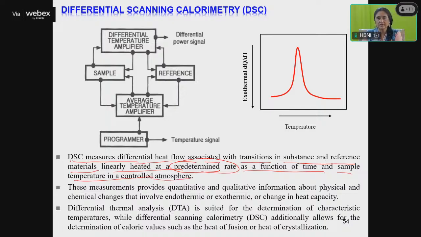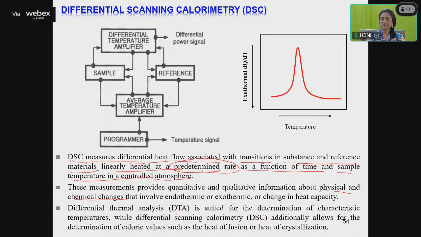Here the atmosphere is kept controlled. This measurement provides quantitative and qualitative information about physical and chemical changes that involve endothermic and exothermic processes, or change in the heat capacity. So that is the DTA analysis, and DSC analysis goes side by side.